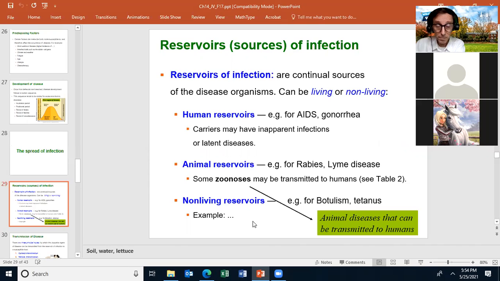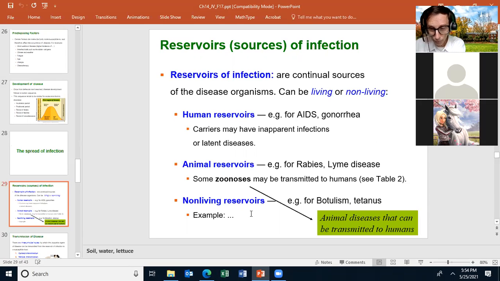But many cases of humans get diseases from non-living reservoirs, like when we pick up disease from the soil, the water, or lettuce. For example, probably most human E. coli infections are picked up from lettuce or some other food product that we eat, and that is considered a non-living reservoir.